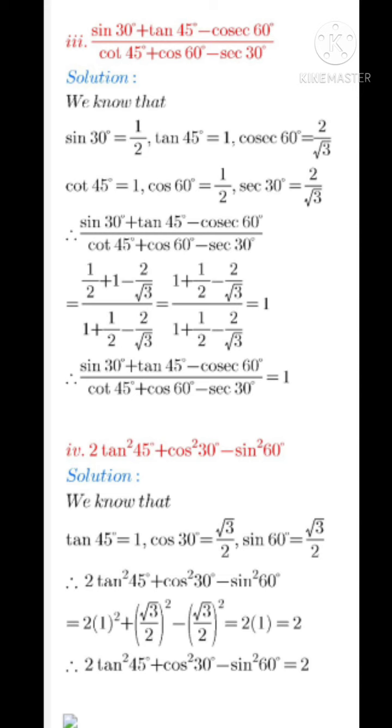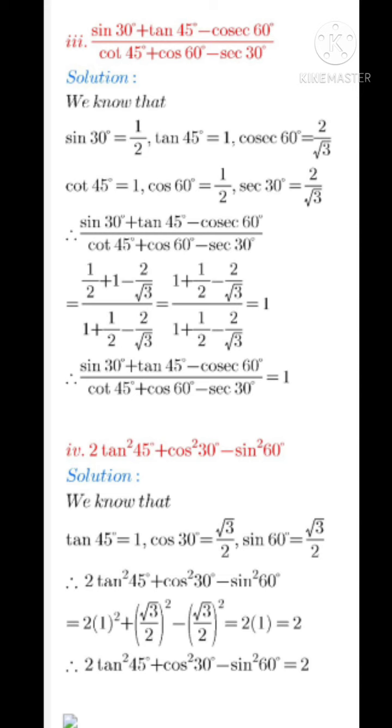That can be written as 1 plus 1 by 2 minus 2 by root 3 by 1 plus 1 by 2 minus 2 by root 3. Both are the same, numerator and denominator we can cancel and we get the answer 1. Therefore, we can say that sin 30 plus tan 45 minus cosec 60 by cot 45 plus cos 60 minus sec 30 is equal to 1. Okay, that is the answer.